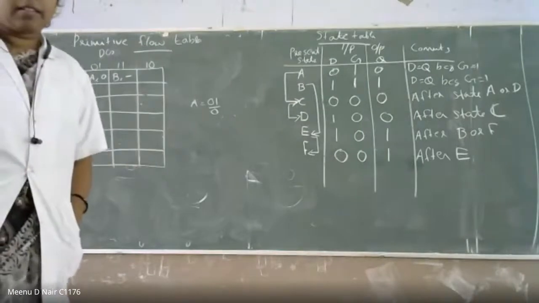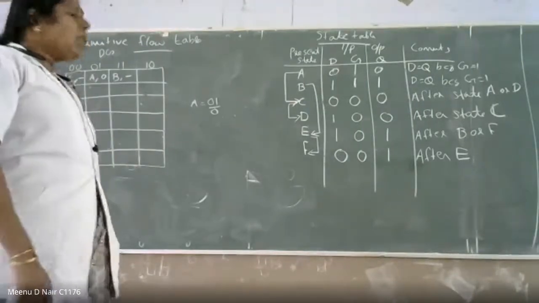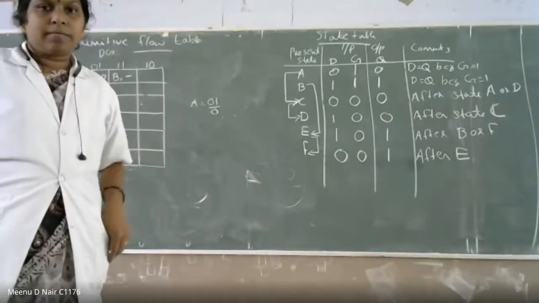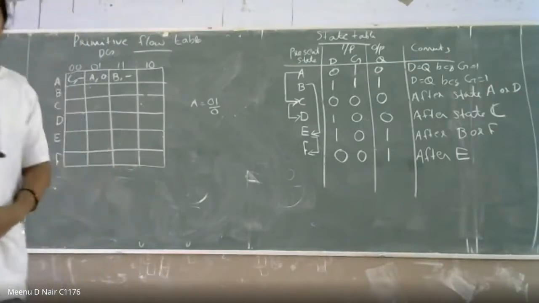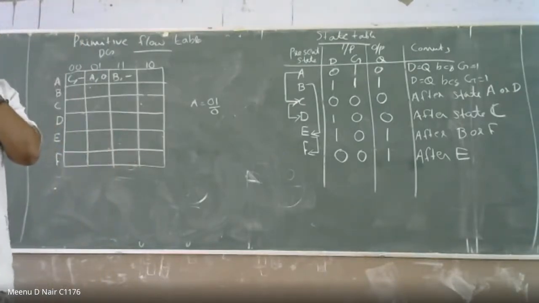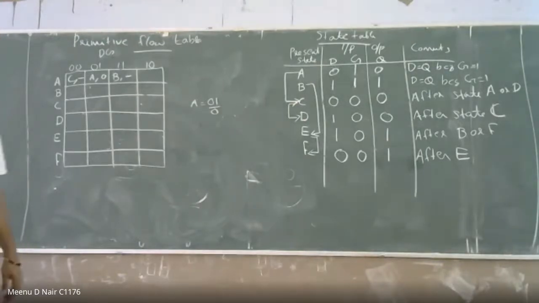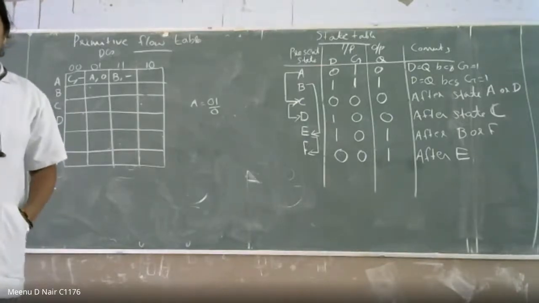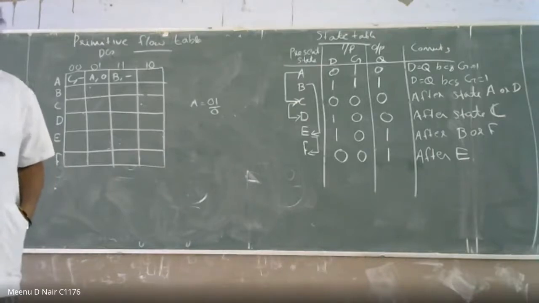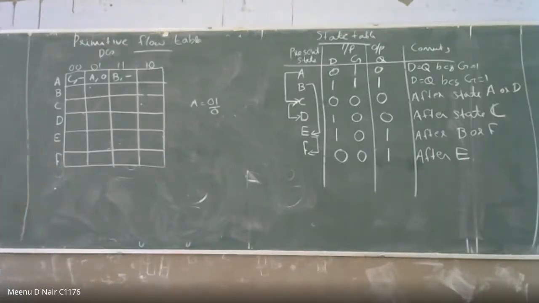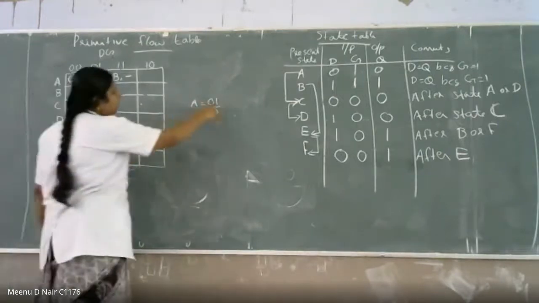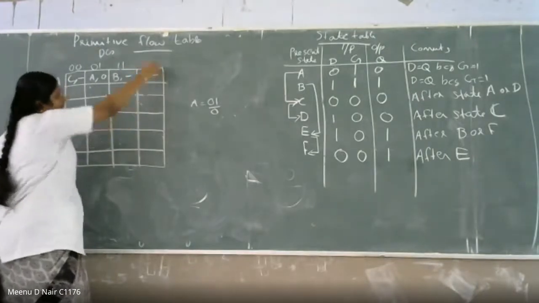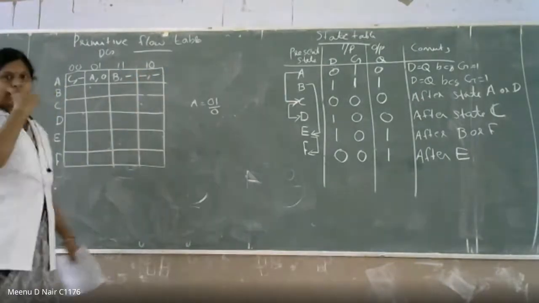So 0 1 to 1 0 is not possible. So you have to make both the values dash dash. You keep both the values as dash dash.